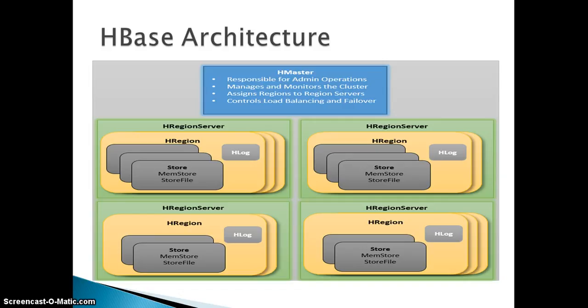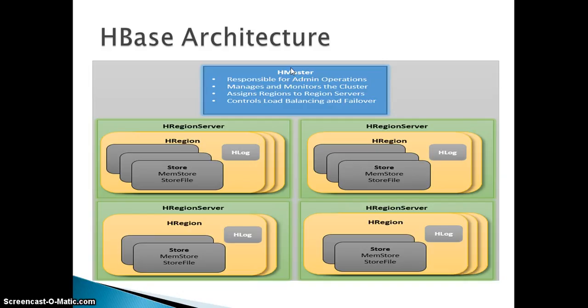Now we know what HBase is and who is using it. But what is the HBase architecture? Here we have something called the HMaster, HRegion servers, and HRegions. What is the HMaster and what does it do? Like the name signifies, the HMaster is the master of the HBase architecture. It is responsible for performing administration: administrating all these HRegion servers, which are its slaves, and managing and monitoring the cluster.